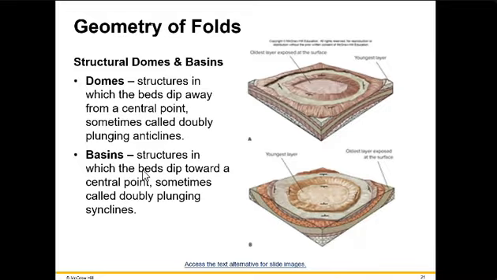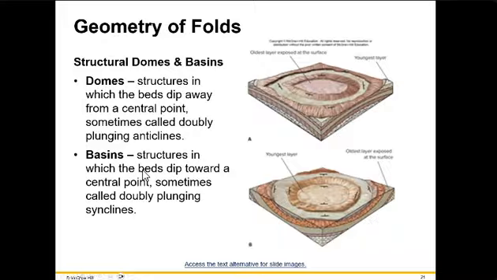So this first one here shows us a dome. A dome is a structure in which the beds dip away from the central part. Sometimes it's called a doubly dipping anticline. Let me draw this for some of you to see properly.